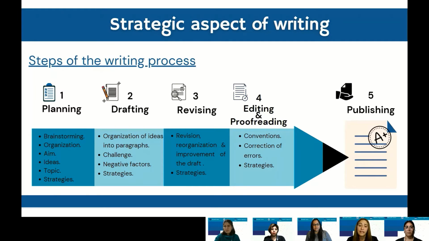Step number 4, editing and proofreading. The process of checking and changing grammatical and stylistic features is also an important part of the revision process. Having another writer's feedback at this stage can also be helpful. Step number 5, publishing. In this last step, the final writing is shared with the group.